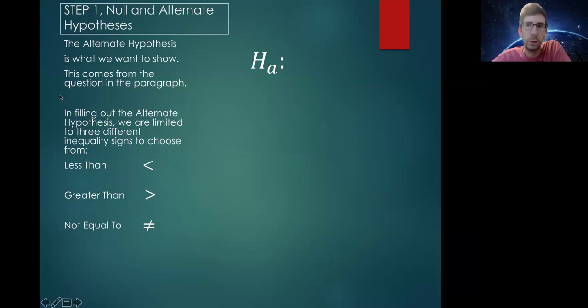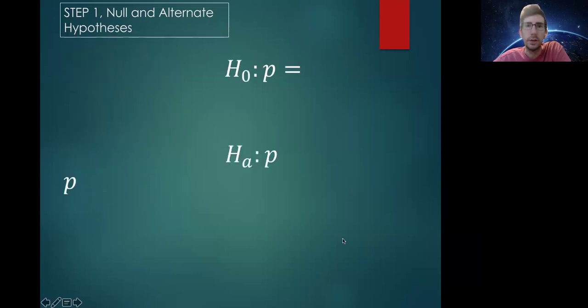So note, a question would never ask, test that the mean is exactly equal to something, right? We're going to be asked to test if the mean or the proportion, right, is less than something, greater than something, or not equal to something. And again, this should come from the question in the paragraph. This is the thing we want to show or conclude.